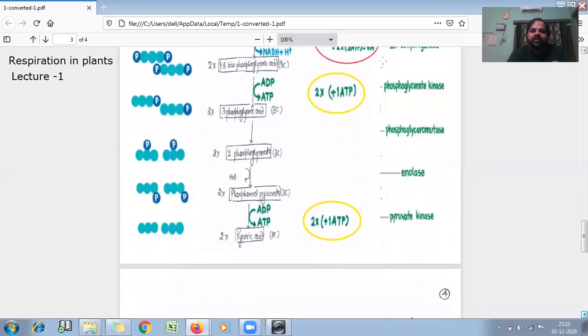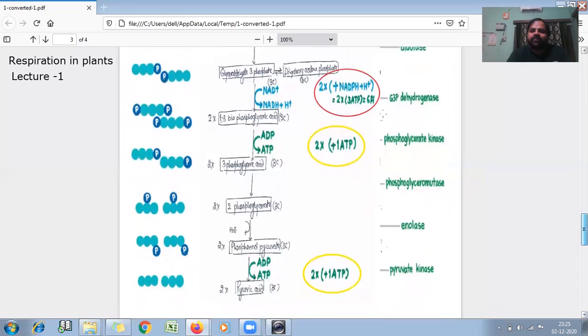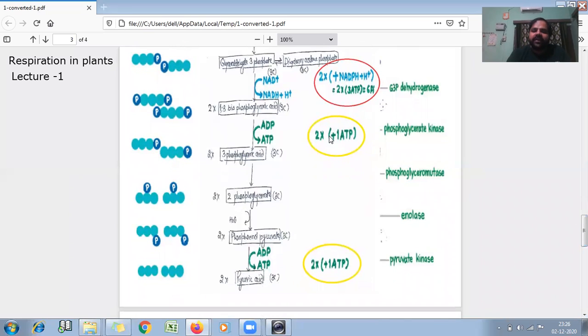Now in the last step, from phosphoenol pyruvate to pyruvic acid, one ATP will be generated in one reaction, and since two phosphoenol pyruvates are there, that's why two ATP will be generated. So we will see how many ATP have been generated in total. If we talk only about ATP, then a total of 4 ATP has been generated.